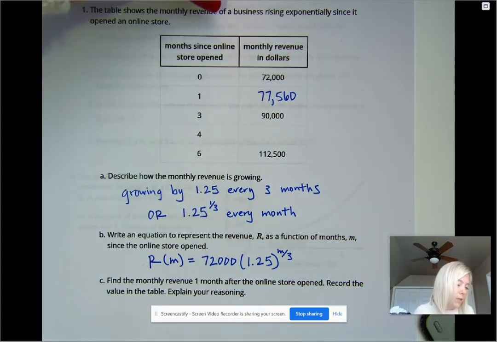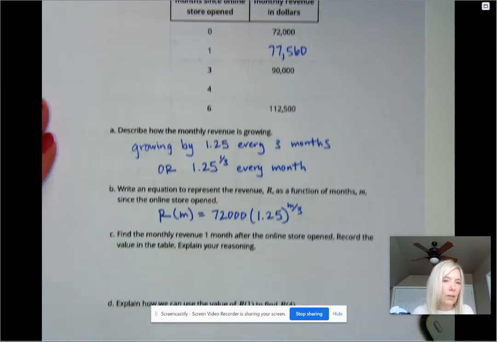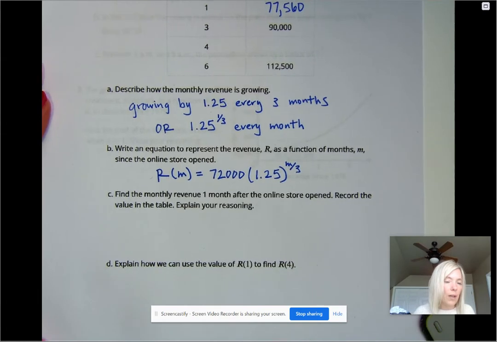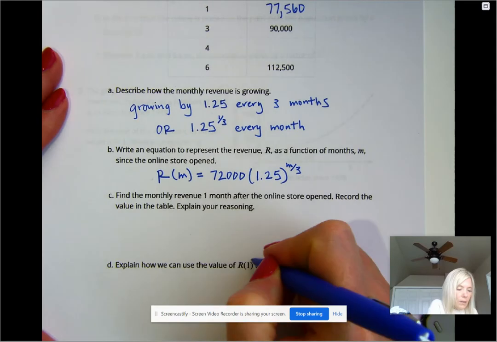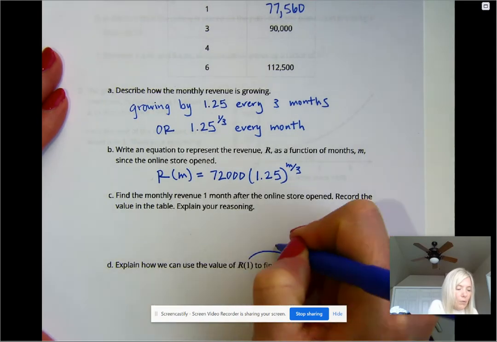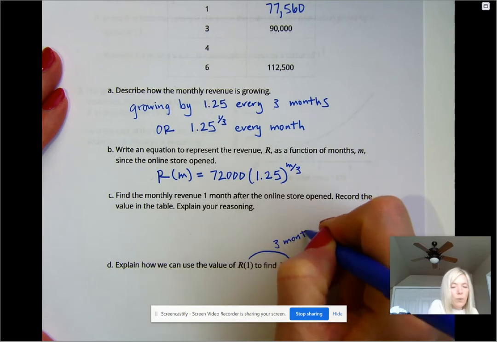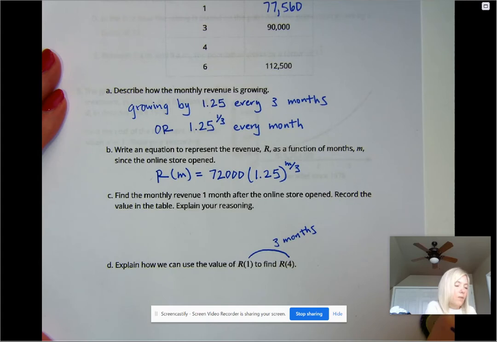And then how can we use the value of R1? So this is D here. How can we use the value of R1 to find R4? Well, this is a jump of 3 months. And we know that in this function the factor it grows by is 1.25 every 3 months.